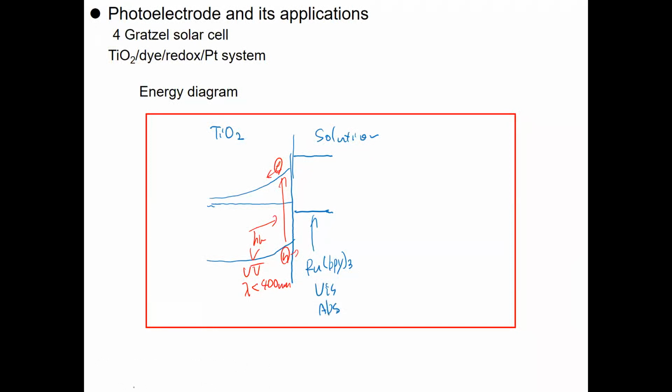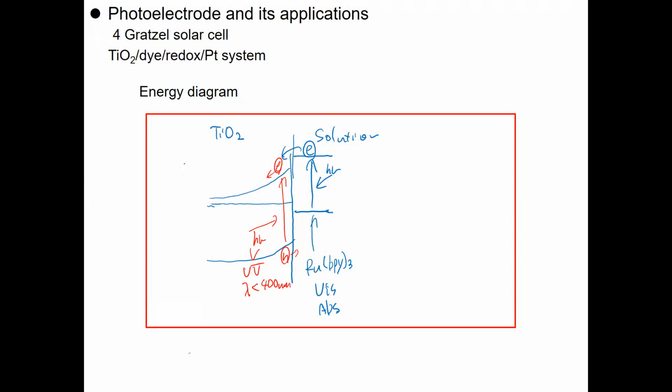So you could excite this by the light, and even by using the visible light, the electron is excited and it can be injected into the TiO2. So basically you don't have to use the UV light in this case.